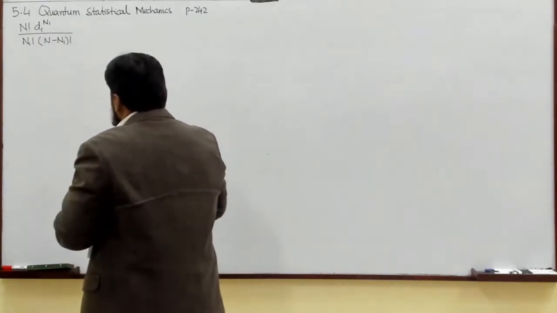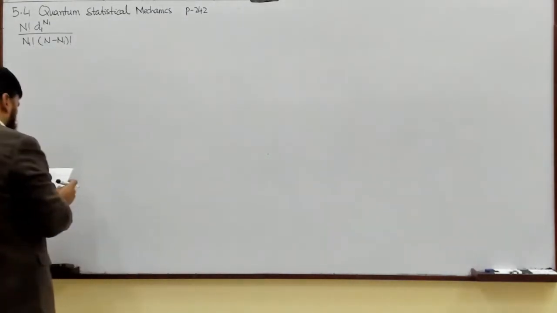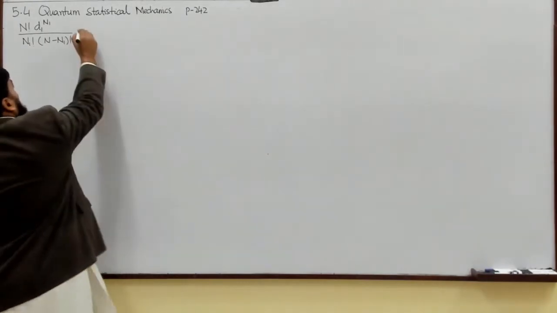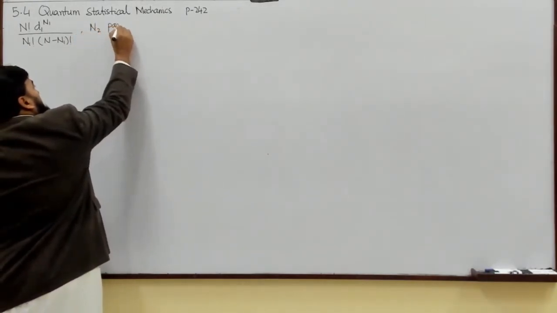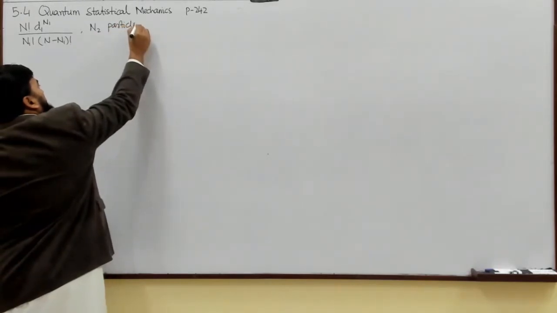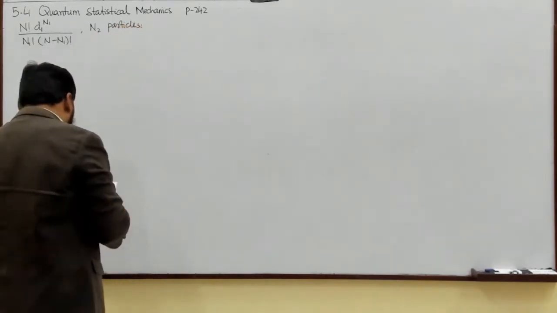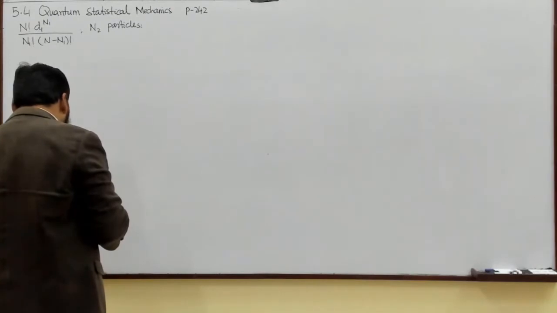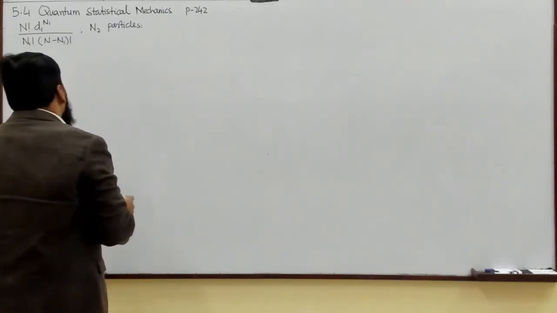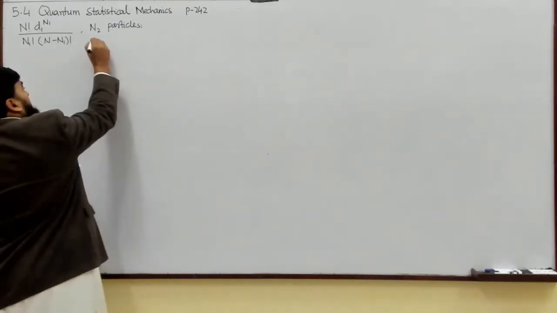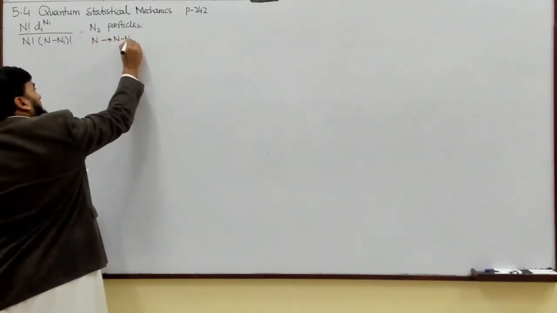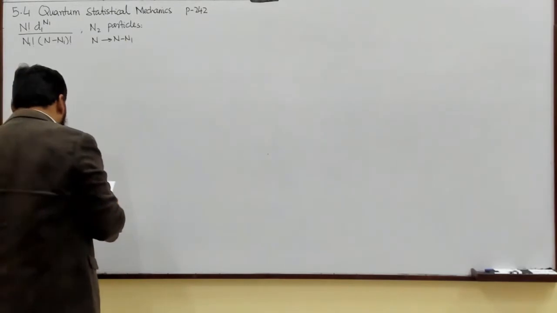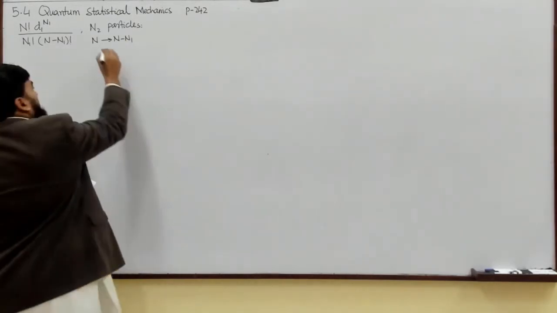Now the next step is that we want to pick in 2 particles. So in how many ways we can do this thing? What will happen? That n will now come to n minus n1. These are the remaining choices.